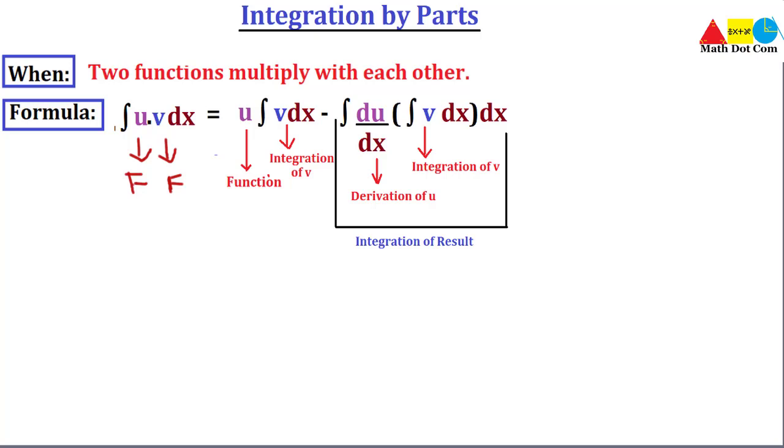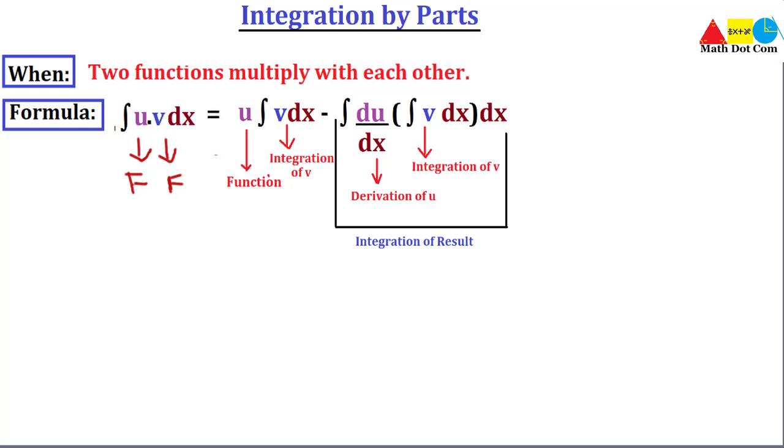Then we have the integration of the second function, minus the integration sign, and then first we take the derivative of the u function and then the integration of the v function, and after we have got a result, we take the integration of that result at the end. This is how the formula will be used to find the integration of two functions multiplying by each other.